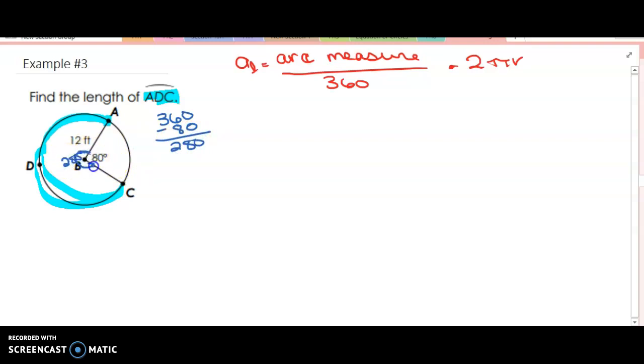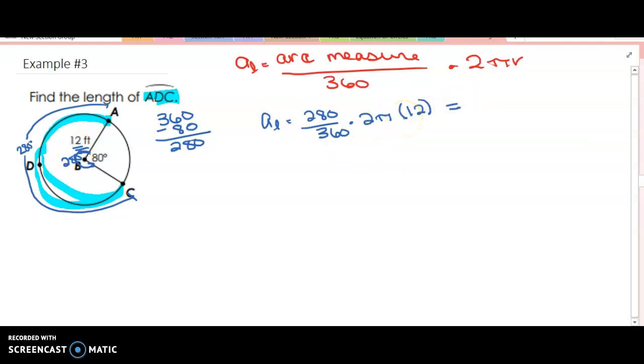Now, if this central angle is 280 degrees, the measure of this arc here is also 280 degrees. So that's my arc measure. So I could say arc length equals 280 over 360 times 2 pi, and my radius is right here at 12.